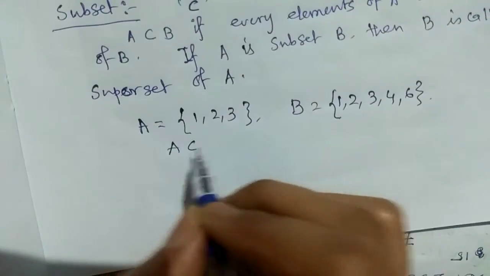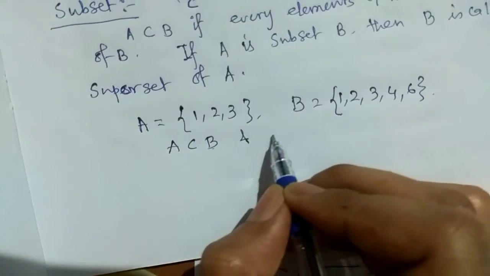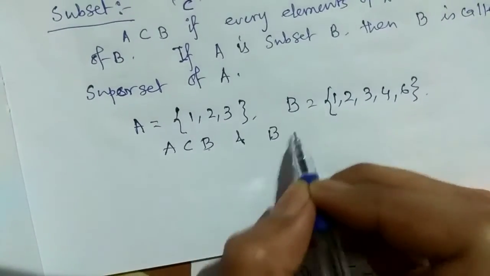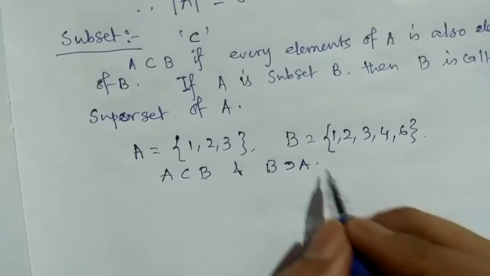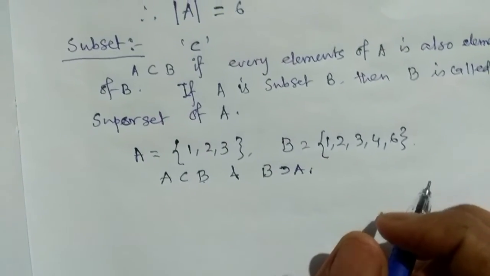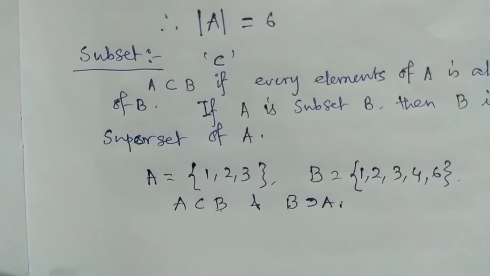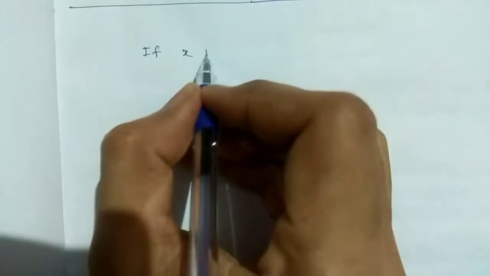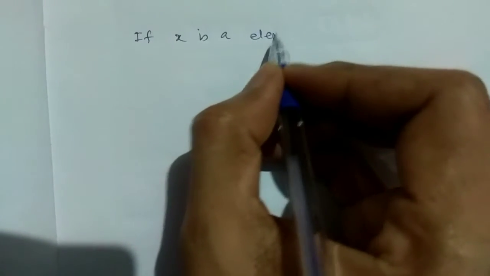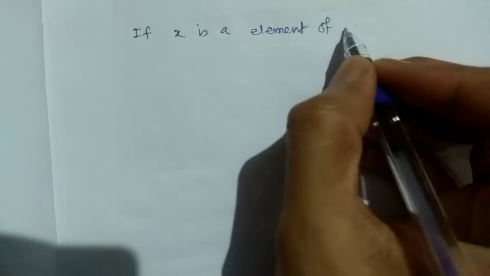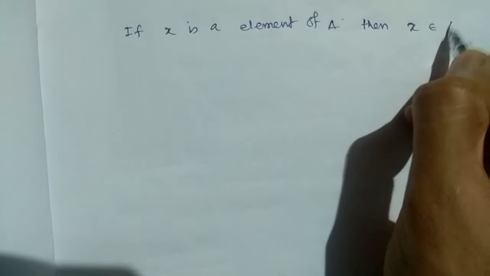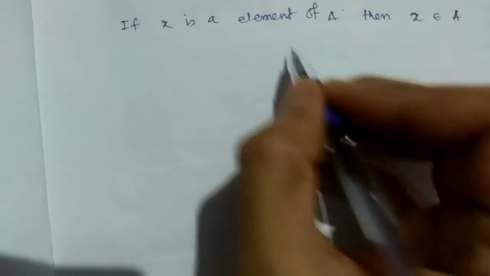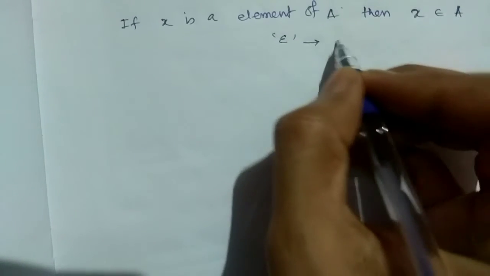Then A is a subset of B and B is a superset of A, and this symbol is the superset symbol. If X is an element of A, then it is denoted by X belongs to A, and this symbol is called belongs to.